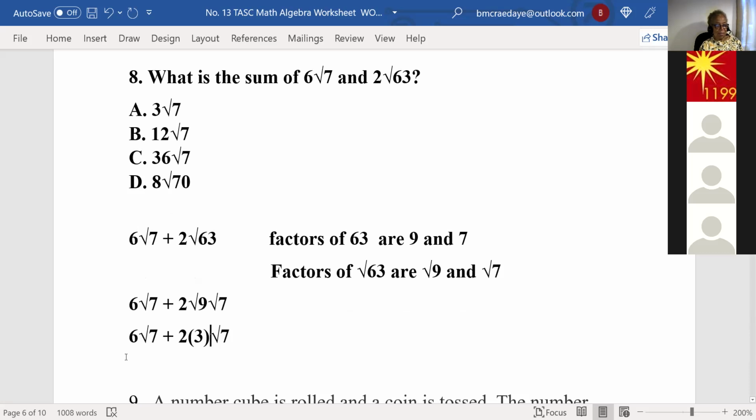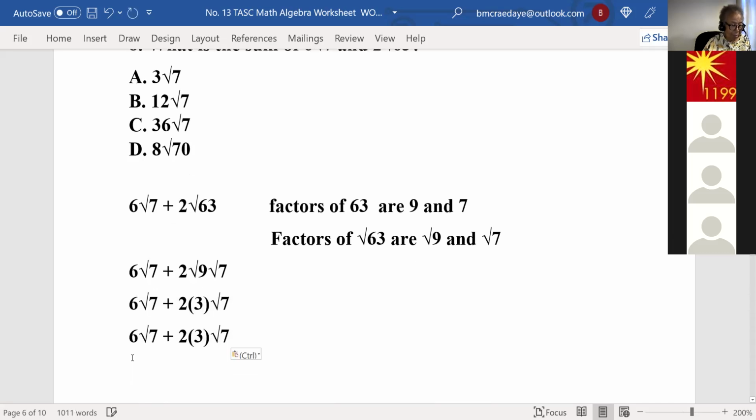So we're going to multiply that out. And this becomes 6 times square root of 7. Now we have the coefficient of 6 times square root of 7 and 6 times square root of 7.